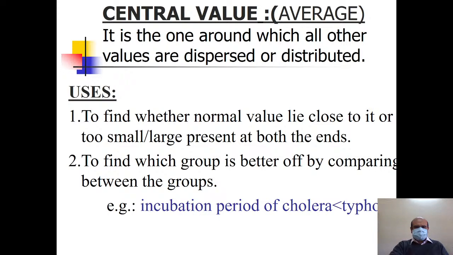Now, the uses of central value are to find whether normal values lie close to it, or whether it is too small or large, with large values present at both ends.